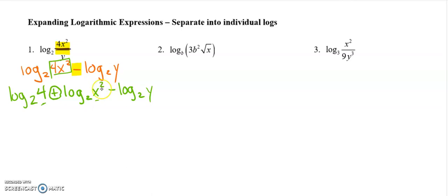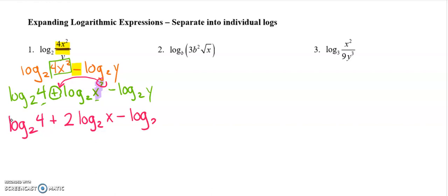Then the last thing we should notice is we have this x squared here. We said that when we have an exponent, we drop it out front. So we're going to take this 2 and drop it out front. So we'll have log base 2 of 4 plus 2, there's that exponent, log base 2 of x minus log base 2 of y.